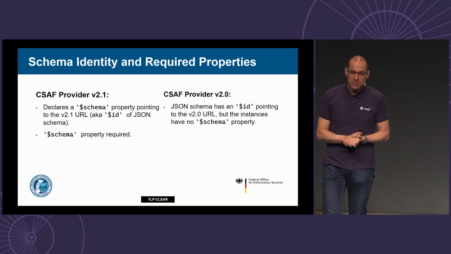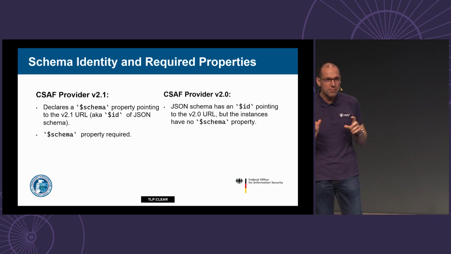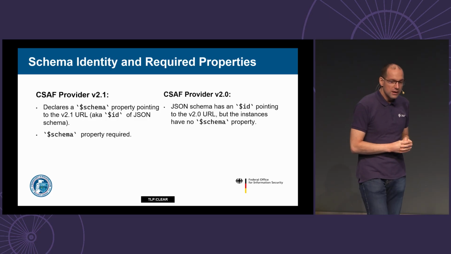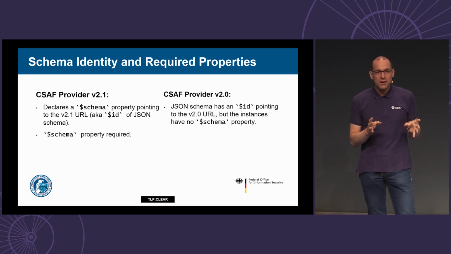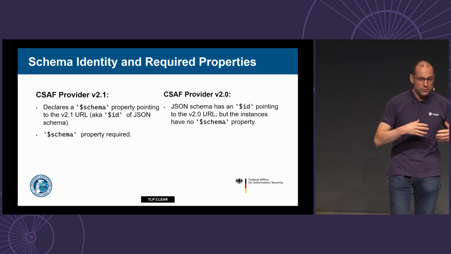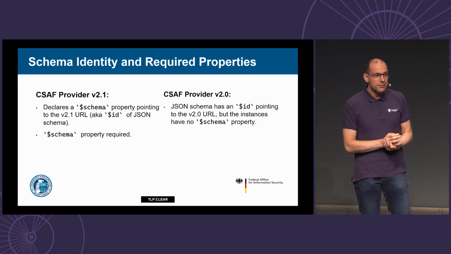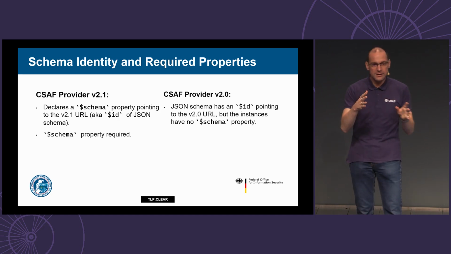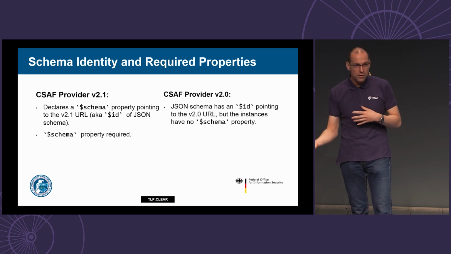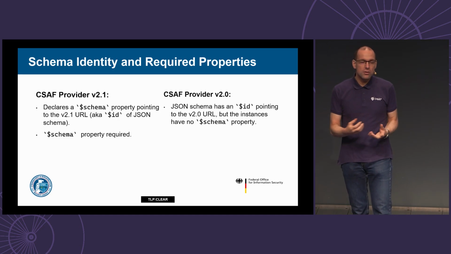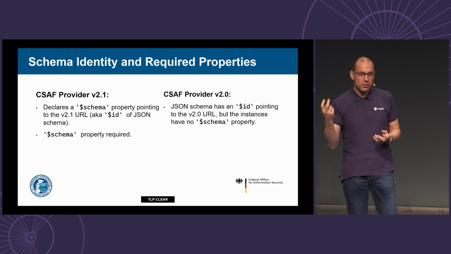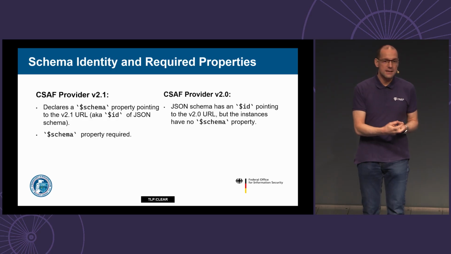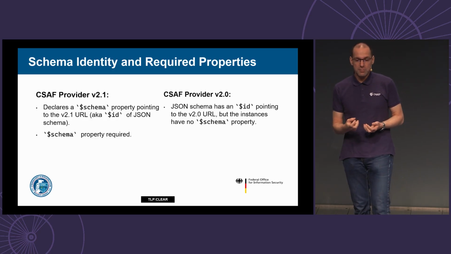And last but not least, a small but very important change is the schema property that is now mandatory. So if you open up your CSAF file in your favorite text editor, and you want to see what's the next property that I can use here, or give a little bit of context, description, there was actually no way for the editor to detect that it's a CSAF document and automatically give you that context that is built in through the schema.